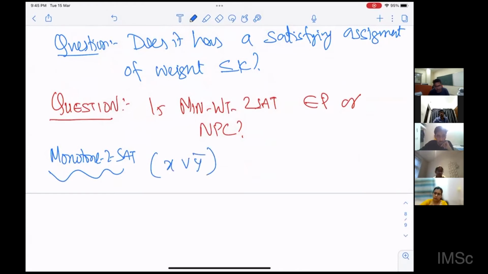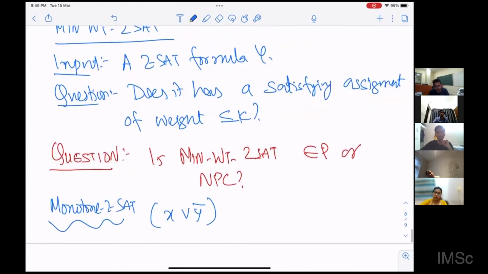But 2-SAT allows clauses with a literal and its negation. So min weight 2-SAT is a much more general problem than vertex cover, so definitely it's NP-complete. Okay, this is just a side remark.